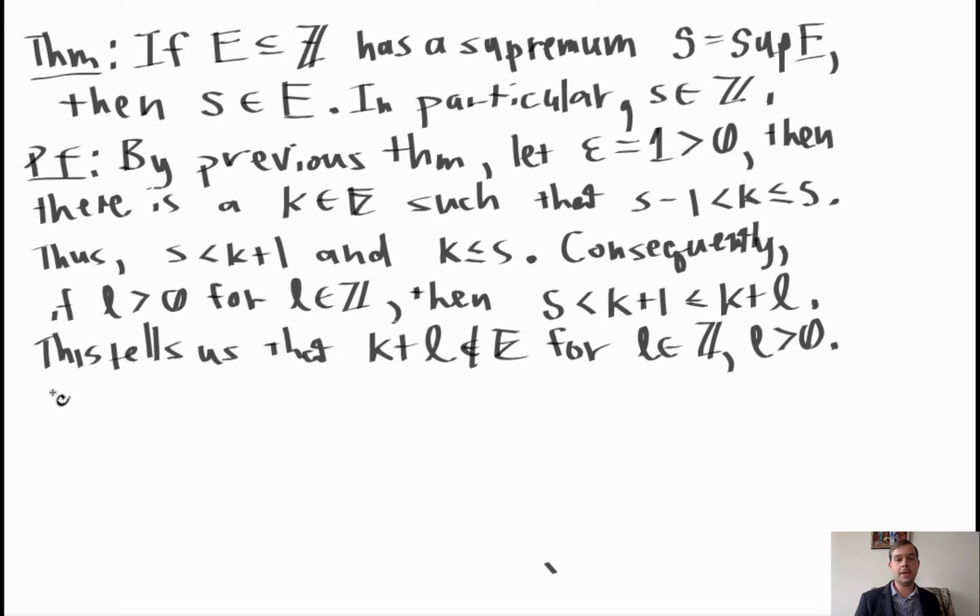Now, since k plus L is not in E, we're going to then have that x is less than or equal to k for all x in E. Otherwise, we would have an integer greater than k that is in E, but this is an exhaustive list of all the integers that are greater than that.